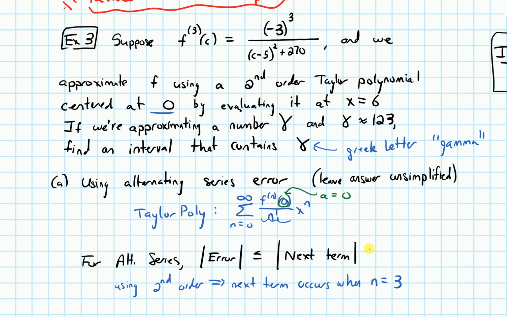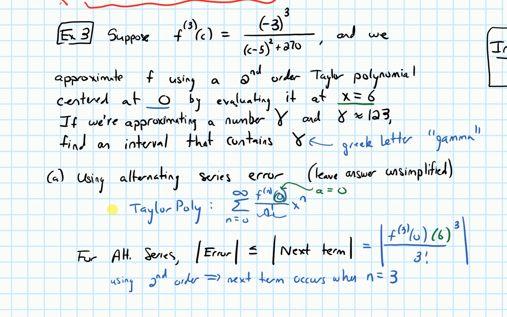Okay, so if we plug in n equals 3, what would that next term be? We would get the third derivative of f evaluated at 0, and then we would be plugging in, what are we plugging in for x? Well, we're approximating at x equals 6, so we'd get 6 to the n, and n is 3 here, and then divided by n factorial, which would be 3 factorial.